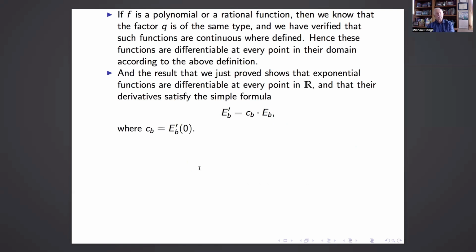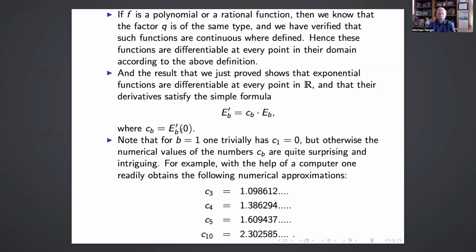And the result that we just proved shows that exponential functions are differentiable at every point in R, and that the derivatives satisfy the simple formula: the derivative of e sub b is equal to a constant c sub b times e sub b. c sub b is just the derivative of this exponential function at the point 0.